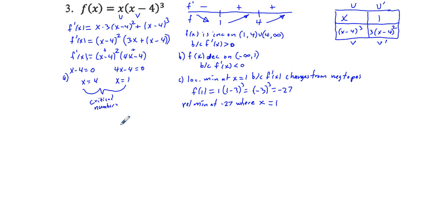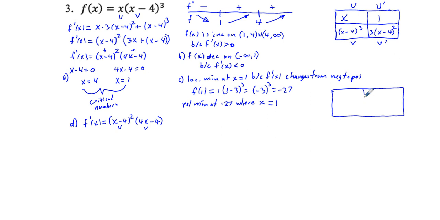Okay, D, determine intervals where a function is concave up, concave down. For part D, I'm going to bring this function right here. We have f prime of x is equal to quantity x minus 4 squared times 4x minus 4. And we're going to do a similar situation to part A. If we set these up as UV, I'm going to come over here to the right again.